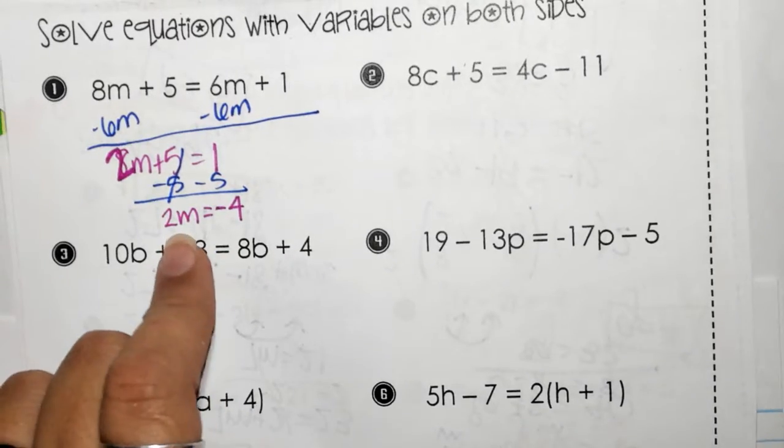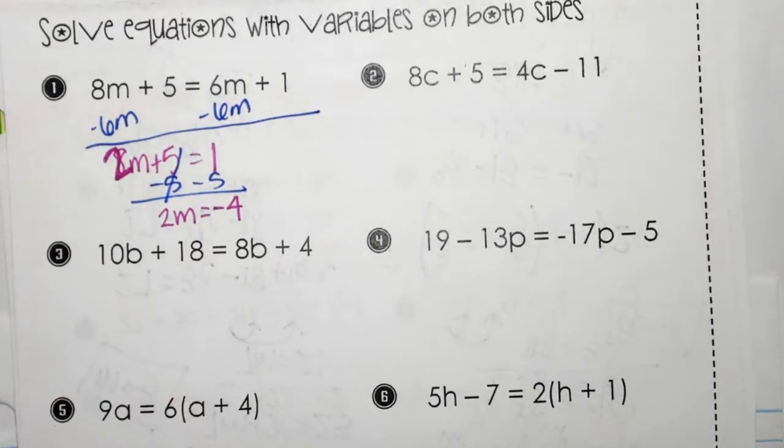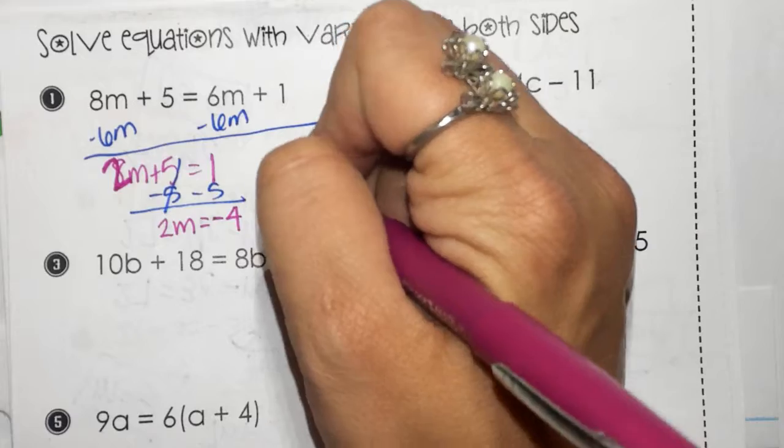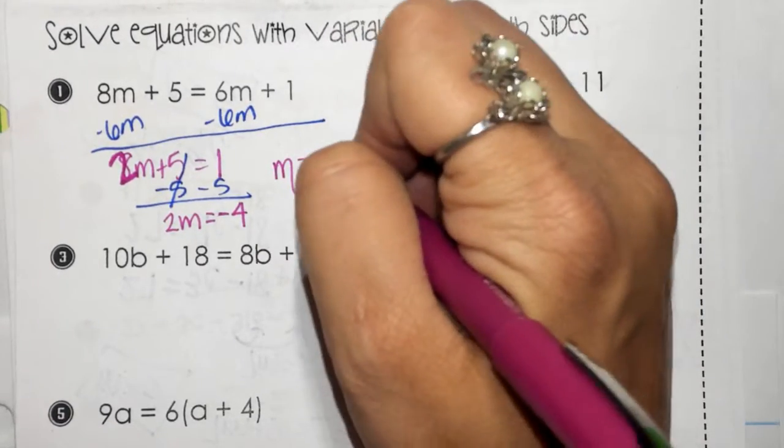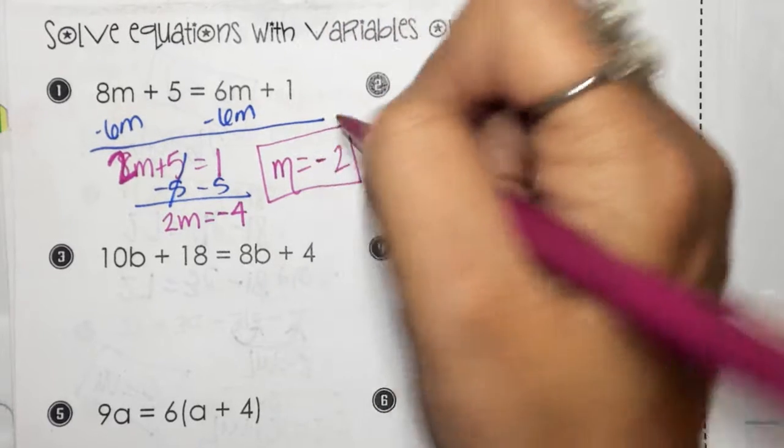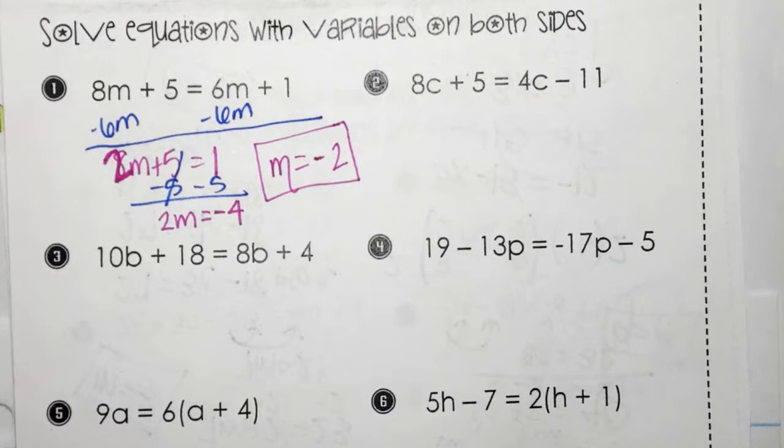Now, what do I do from here? Divide everything by 2, so what does m equal? Now, if I asked you to check your answer, what would you do? Plug it in. Okay. Can you try number 2 without me? Alright, try number 2.